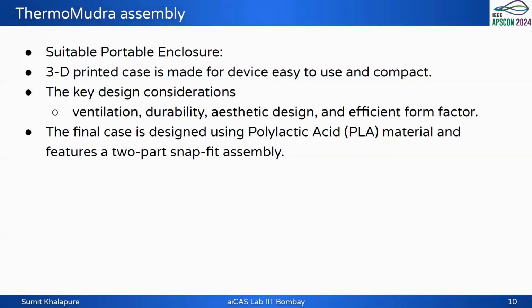For the Thermomudra assembly, we made an in-house 3D printed case. We made it so compact that the Raspberry Pi and both the cameras can fit in it. For the 3D printing in our lab, we used polylactic acid, PLA material, and we used a snap assembly, so it is easy to assemble and portable.